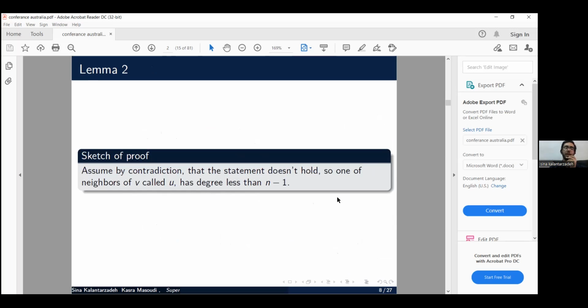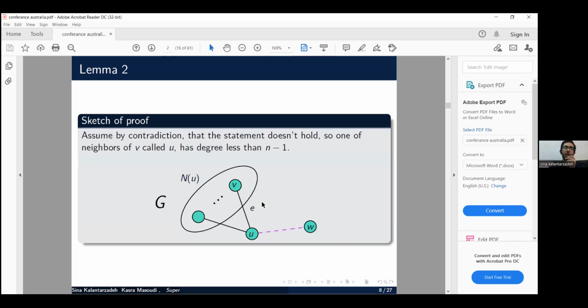So we consider one of its neighbors, which has degree less than n minus 1. As you see, this is V, and this is U, and all of these are neighbors of U. And by our assumption, there exists a vertex W outside of N(U).